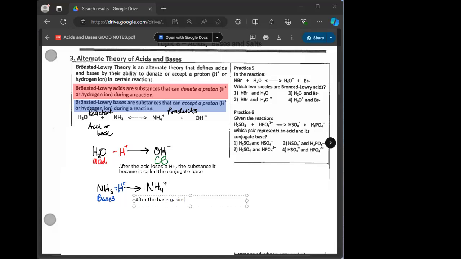After the base gains a hydrogen ion, the substance it becomes is called the conjugate acid. So that means that NH4 plus is the conjugate acid.